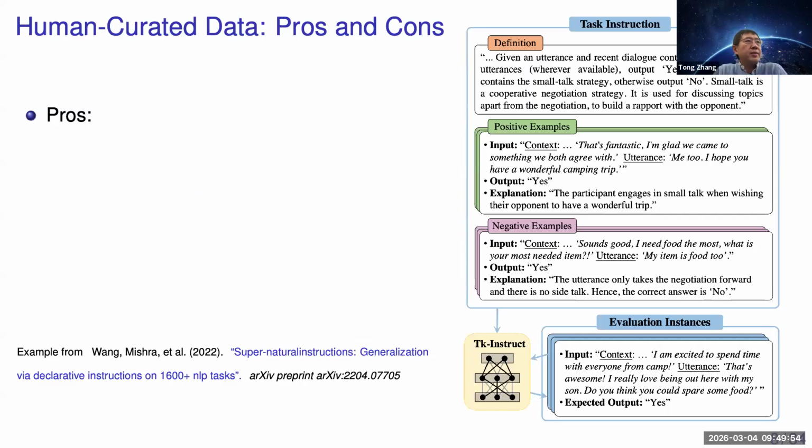But essentially what it does is, you first give the task instruction, the task definition. You say, given this, if you read this, given something, output yes if this, and no if that, and so on. So this is one kind of task.